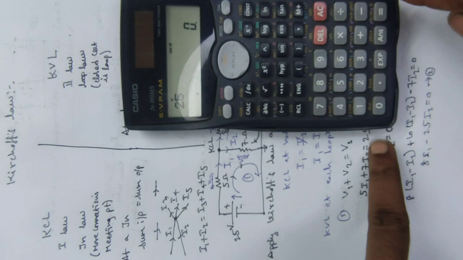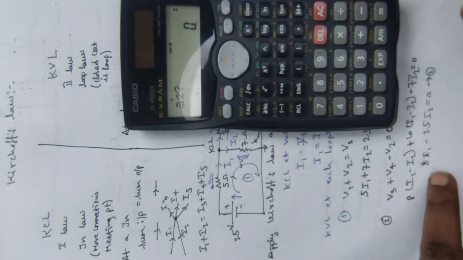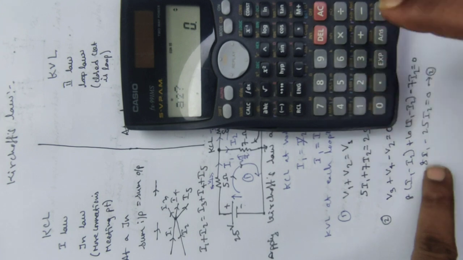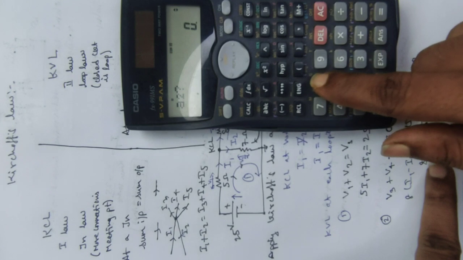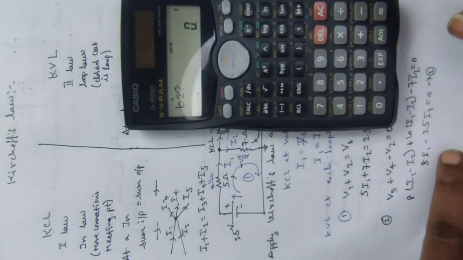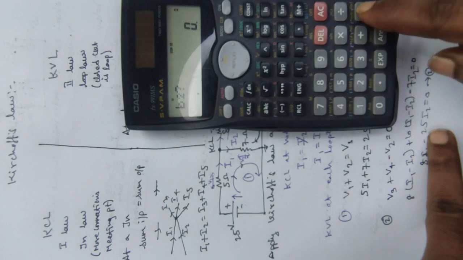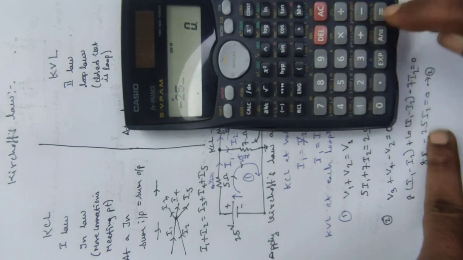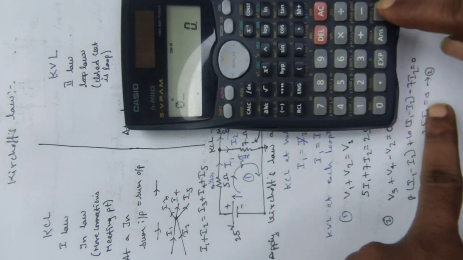If you follow my instruction, you need not change any sign. You can directly give input into the calculator. Now a2 is the I1 coefficient in the second equation, and b2 is the I2 coefficient in the second equation, which is minus 25, and I don't have any constant, so I am putting it as 0.